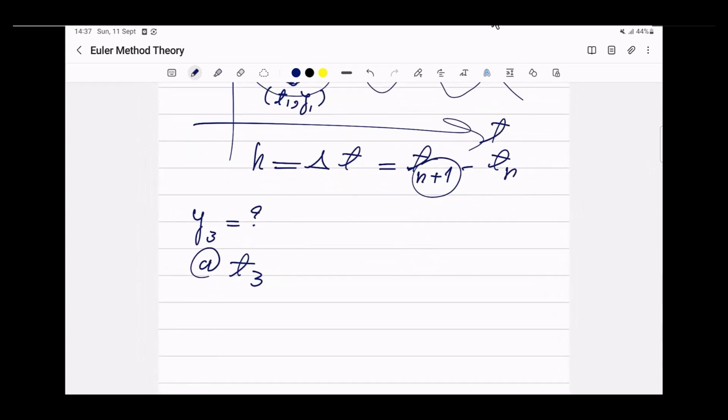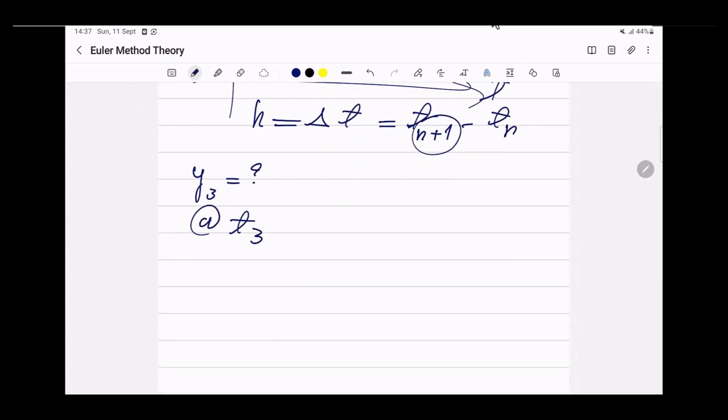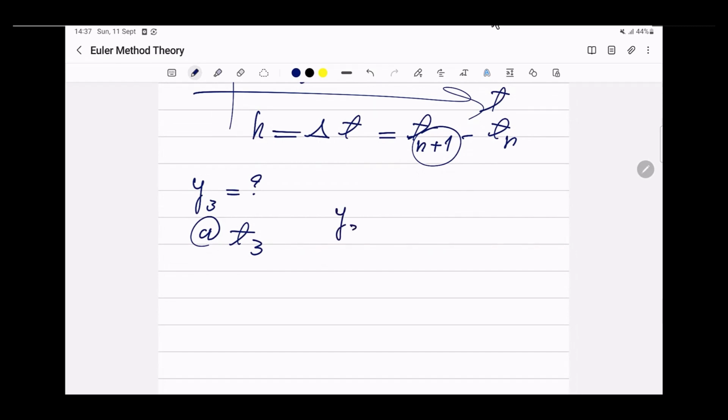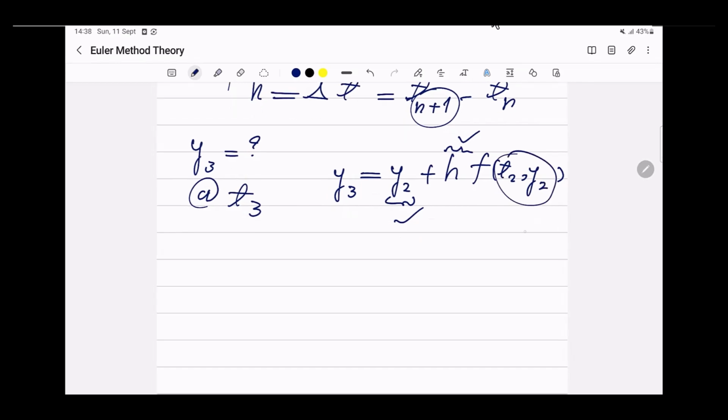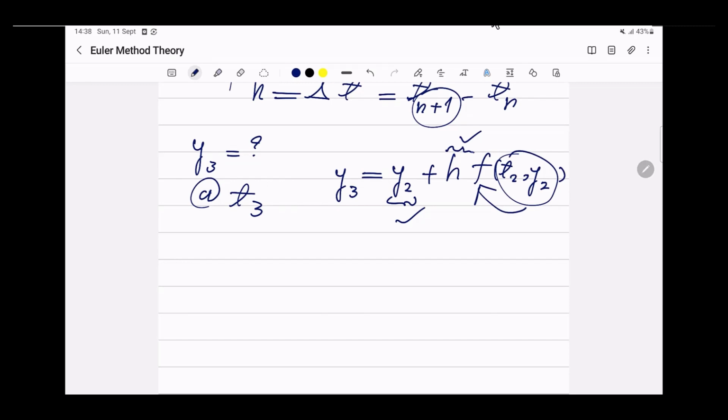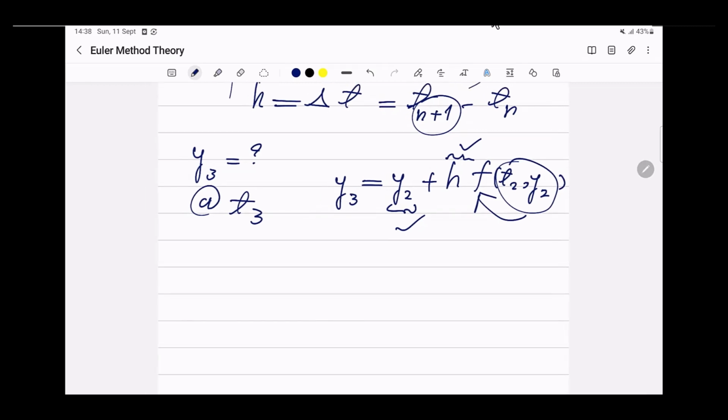So you get it from Euler's method the following way: y3 is equal to y2, which we know, plus h, which is something you could arbitrarily decide, times f of t2, y2. You put t2 and y2 into the function f, multiply that by h, add y2 to it, and then you have y3.